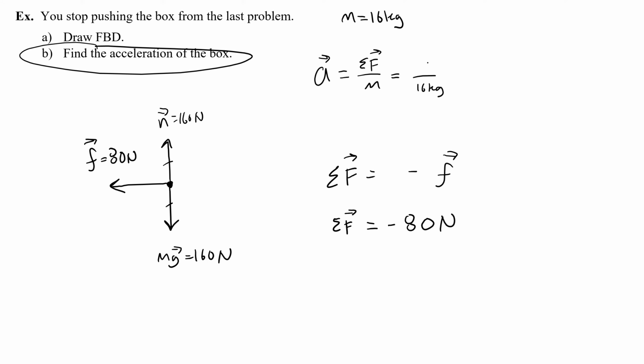And when I divide negative 80 newtons, or the net force, divided by 16, I'm going to get negative 5 meters per second squared. Now what this means is that as the box, if I draw this here, as the box is moving to the right with a velocity, it will have an acceleration backwards of 5, which means that it's slowing down and will eventually come to a stop.